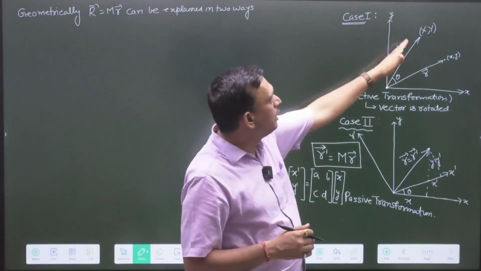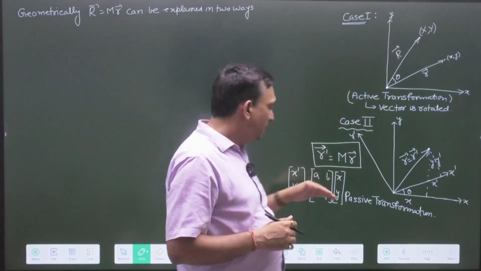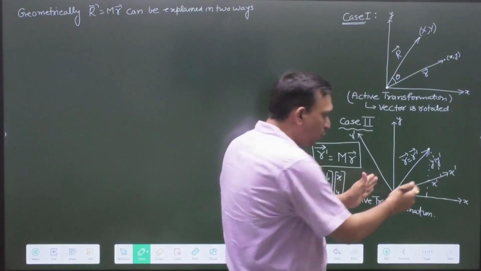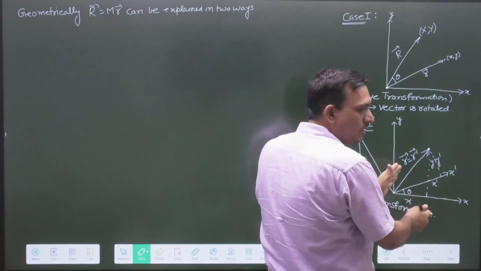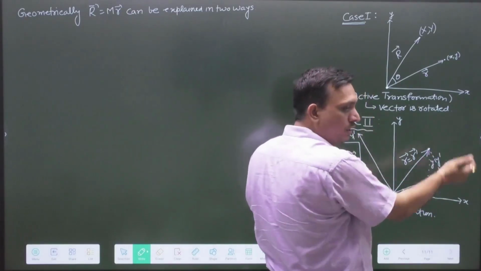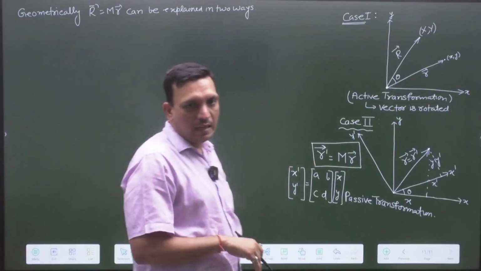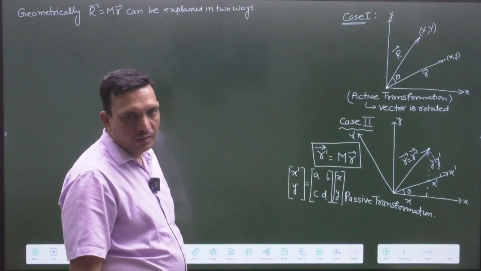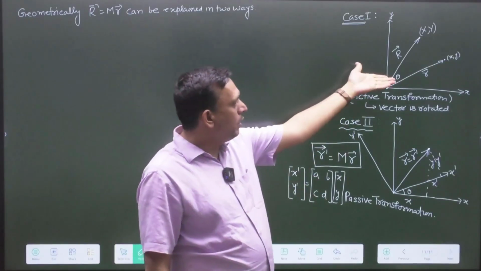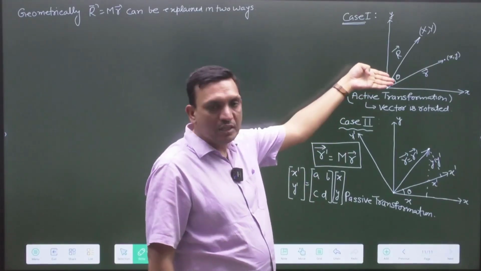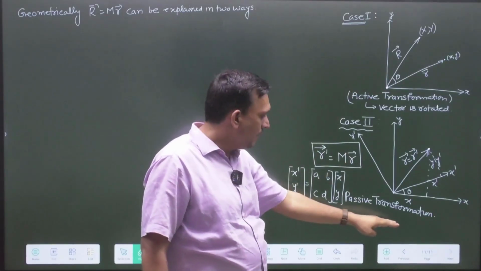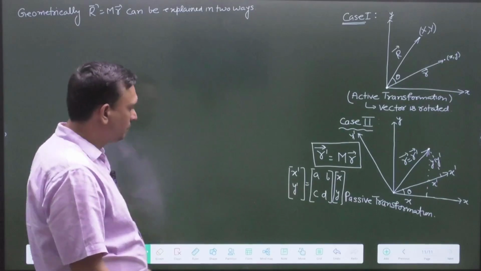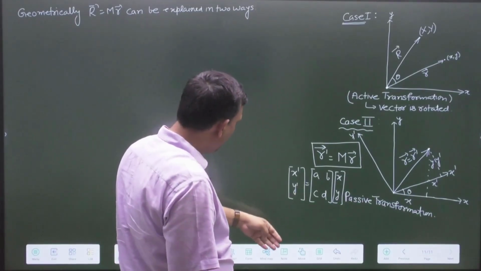Here you get a new vector and its component, but with the same matrix, if you are operating on XY, you know the component with respect to the XY system. What will be the component with respect to the rotated axis? That you can calculate from the same transformation. So one I am calling an active transformation, and this I am calling a passive transformation. Both you can calculate. Clear?